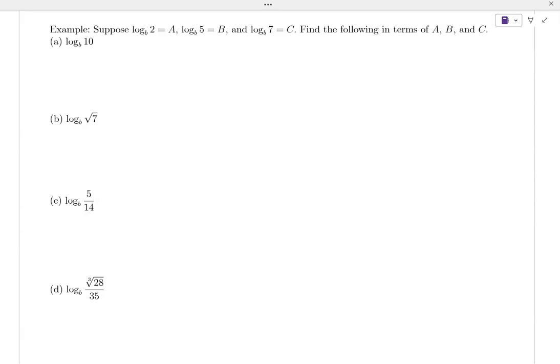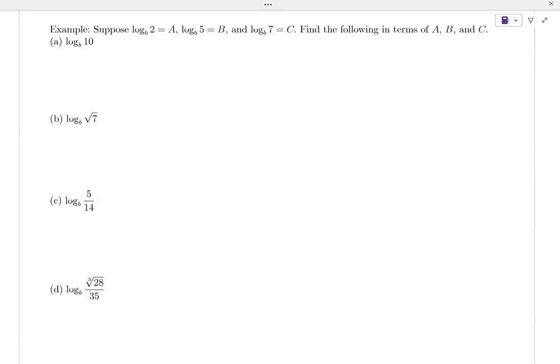Now it's just telling you letters to represent each of those with. That does not say a equals 2. It says log base b of 2 equals a. When we're done, we should just have a's, b's, and c's and no logs. That's the idea here.